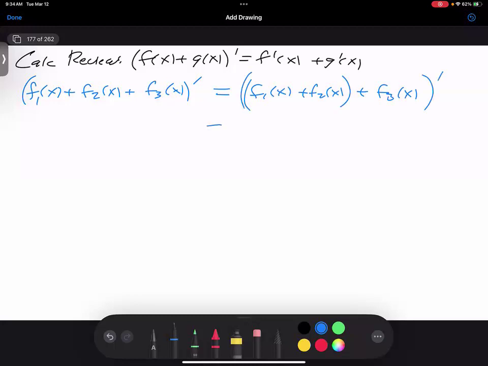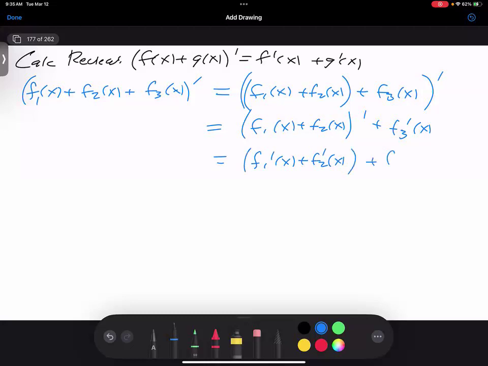And so now this is just the derivative of the first, f1 of x plus f2 of x prime plus f3 of x prime. Now, the first one, oh, well, that's just the derivative of a sum of 2 functions. We use our rule again. This is just f1 prime of x plus f2 prime of x plus f3 prime of x. And now we drop the parentheses.